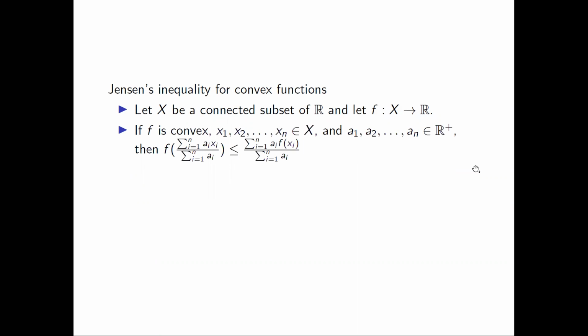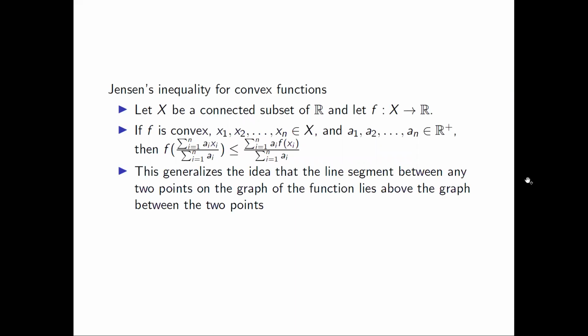And Jensen's inequality says that if f is convex, and if x1, x2 up to xn are real numbers in the set big X, and if a1, a2 up to an are positive real numbers, then if we take f with the input of the sum from i equals 1 to n of ai xi over the sum from i equals 1 to n of ai, this is going to be less than or equal to the sum from i equals 1 to n of ai times f of xi over the sum from i equals 1 to n of ai.